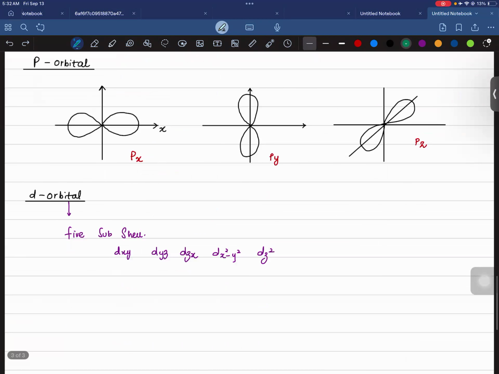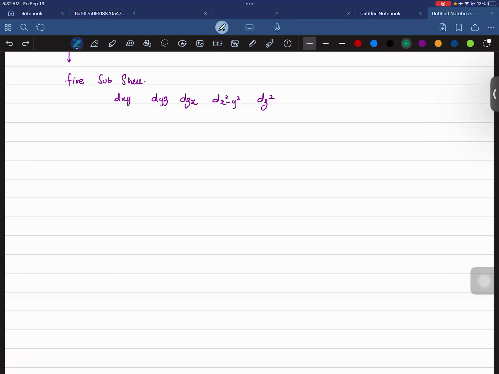So in short, s orbital, then p orbital, then d orbital. Then we don't discuss f orbital because they have complex shape. But remember, f orbital has total 7 subshells.